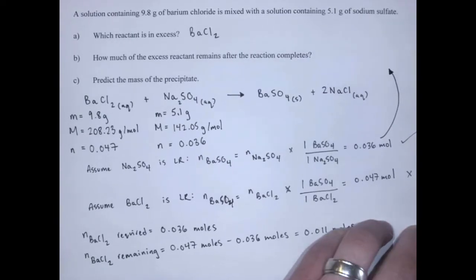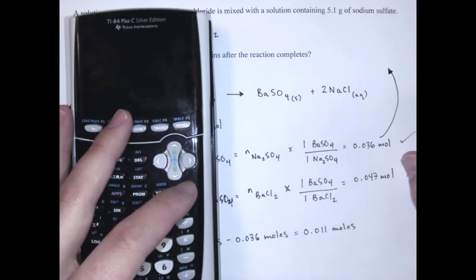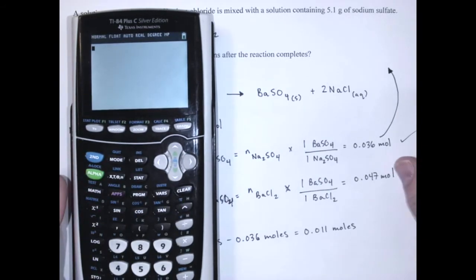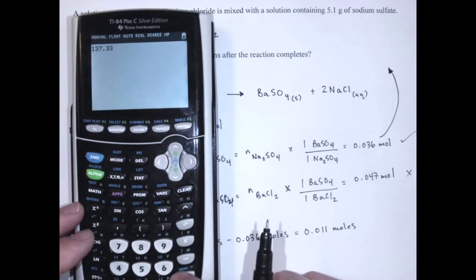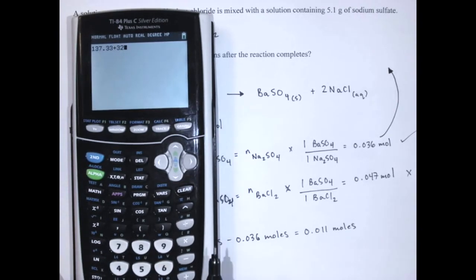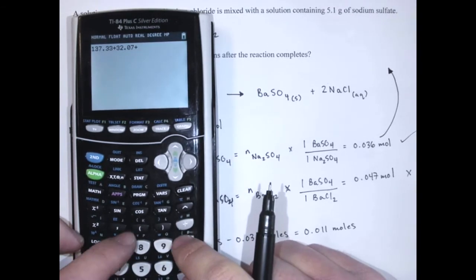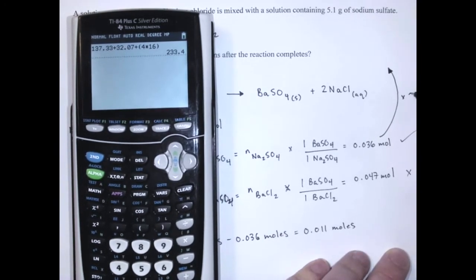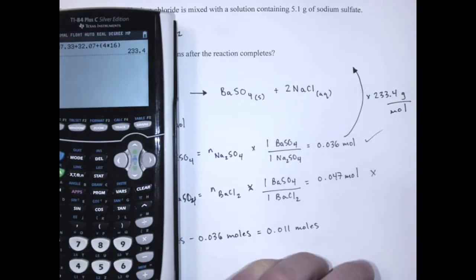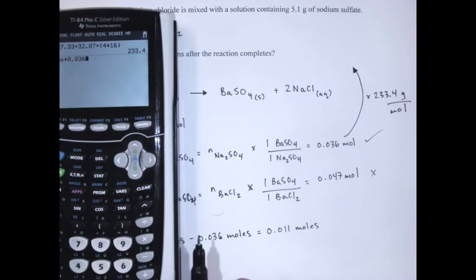To figure out its mass, I need to multiply by its molar mass, and the molar mass of barium sulfate, let's see, I've got 1 barium, so 137.33, plus sulfur is 32.07, plus 4 oxygens, that's 4 times 16, is 233.4 grams per mole. 233.4 grams per mole, and I multiply that by 0.036.